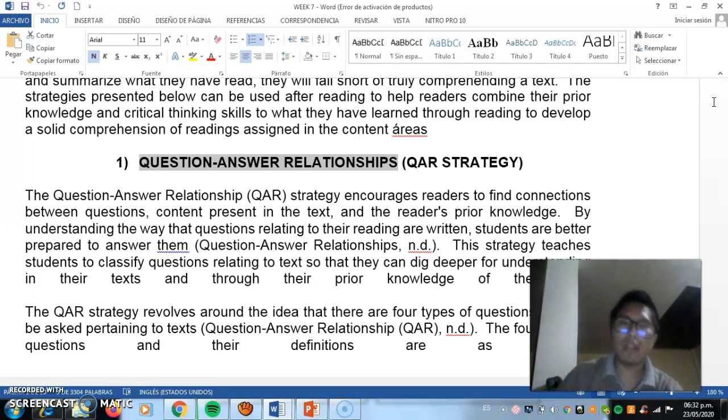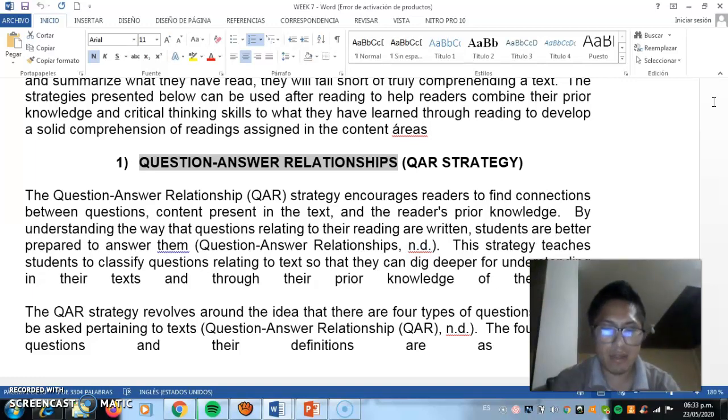The last one is in my own. That question that the teacher is going to select is not exactly in the test. You have to think about this because the answer is in your head, in your knowledge, or maybe in an experience that you lived before. So this is the strategy of question, answer, and relationship.